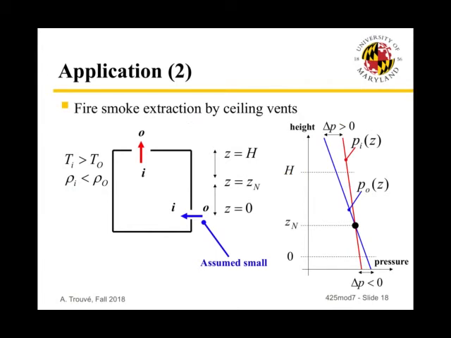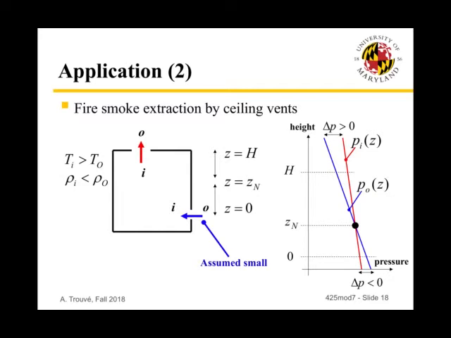I'm going to keep this discussion with the same kind of problem with slight variation in the setup, where we're going to apply this kind of concepts and expressions to the case of smoke extraction through a ceiling vent. So here I have still a compartment described with our single layer model and two vents, but one of these vents is a horizontal vent on the ceiling.